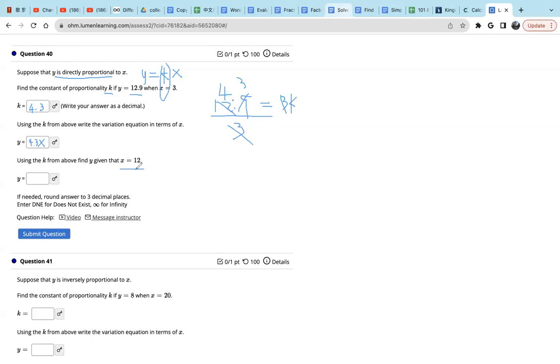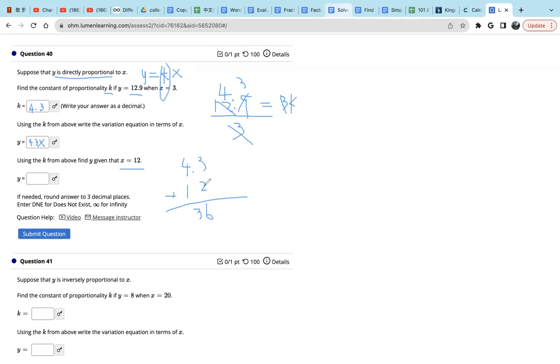Now, if x equals 12, we just have y equals 4.3 times 12. You can use a calculator, or I can multiply this way. 3 times 12, I get 36.